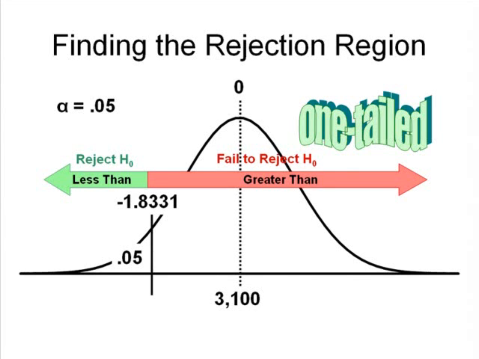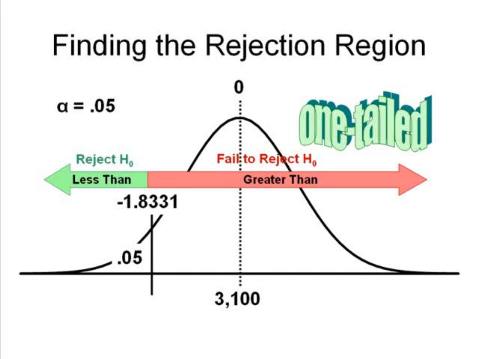So here's the picture where I've added in the value that we got from Excel. So now I know that if I'm going to get a T score which is less than negative 1.8331, I can reject the H0. But if I get a T score that's greater than a negative 1.8331, I'm going to have to fail to reject the H0.